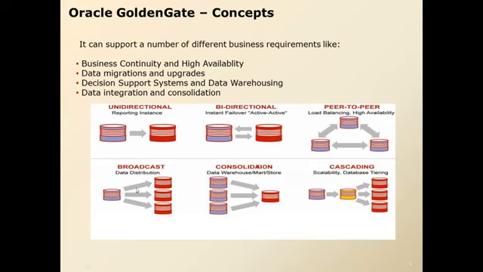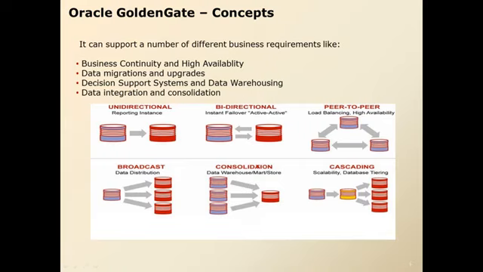Suppose there are 100 tables. You can broadcast all 100 tables to three different targets, or you can broadcast 30 tables to site A, 30 tables to site B, and the remaining 40 tables to site C.